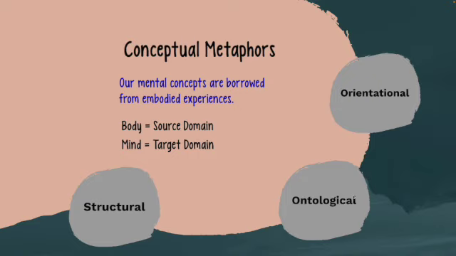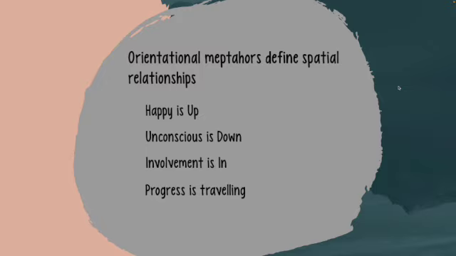And so the body and the mind are doing that through metaphorization. Here are some examples of metaphors. When you say you're happy, it usually has something to do with up. So when you're sad, you're down. You don't say, I'm rising asleep. You normally fall asleep. And then when you wake, it's up.